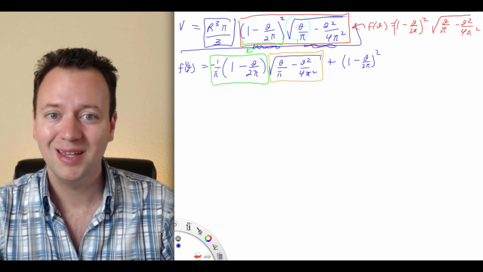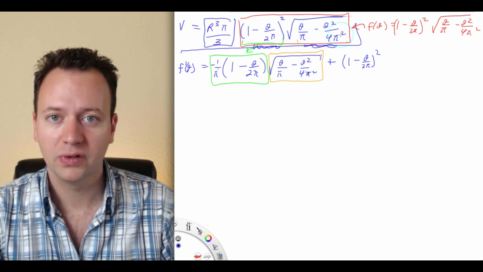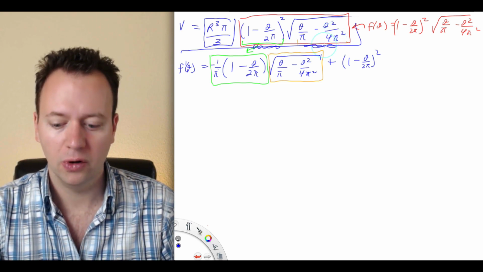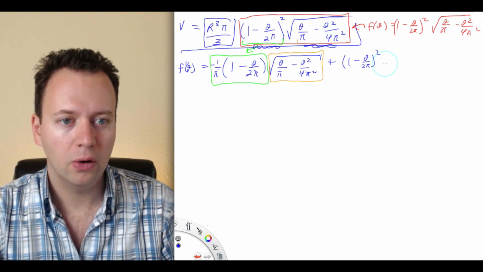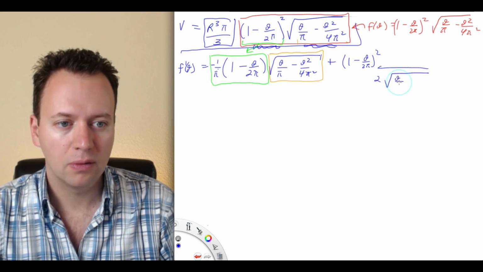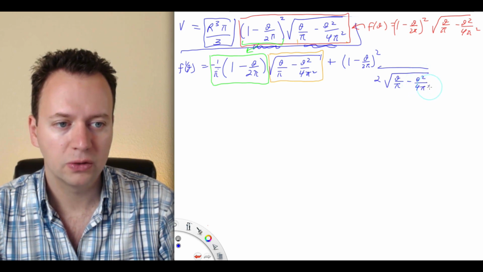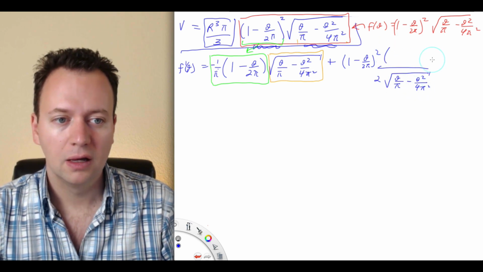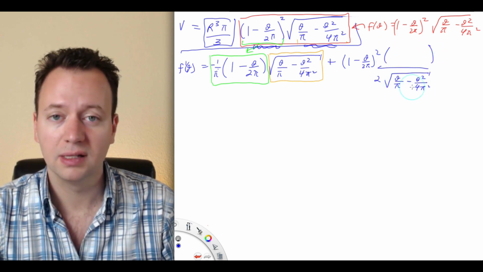Now this is something square root, so the square root of something. Remember the derivative of square root of x was 1 over 2 square root of x. So this is going to be 1 over 2 square root of this stuff, theta over pi minus theta squared over 4 pi squared. And we multiply this by the derivative of the inside function.